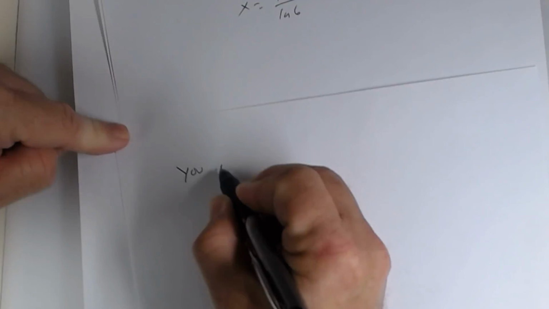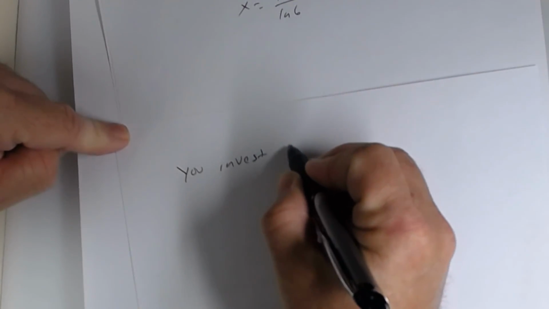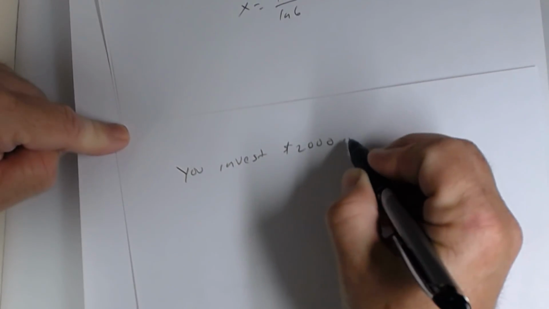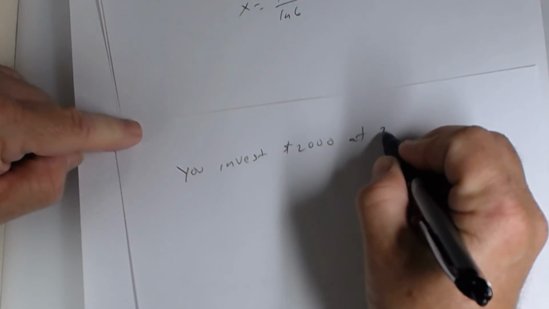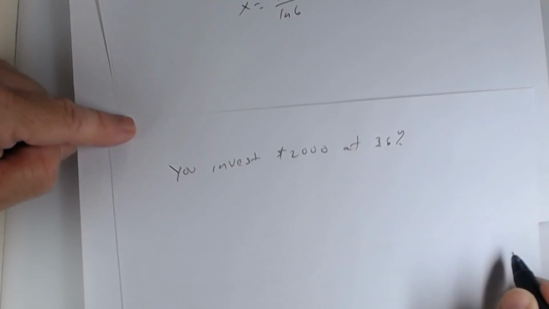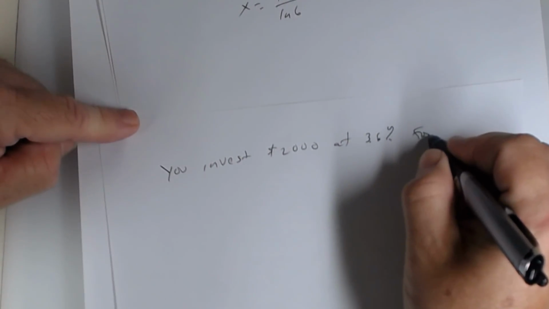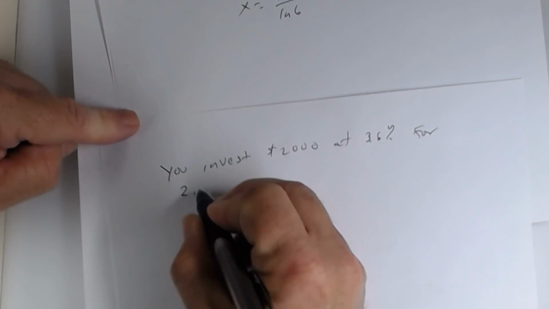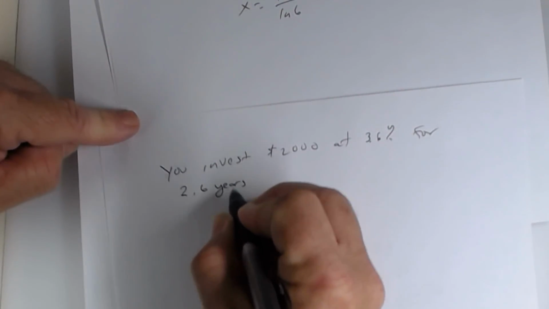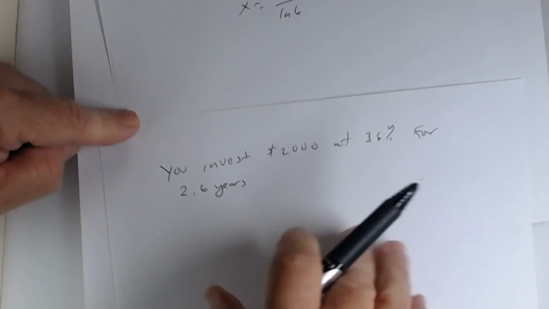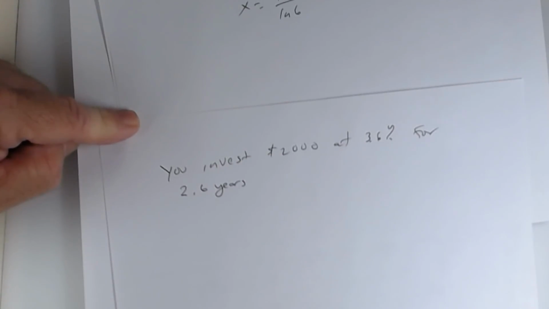You invest $2,000 at 3.6% for 2.6 years. Okay? So you invest $2,000 at 3.6% for 2.6 years.